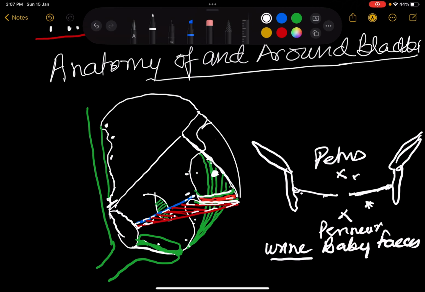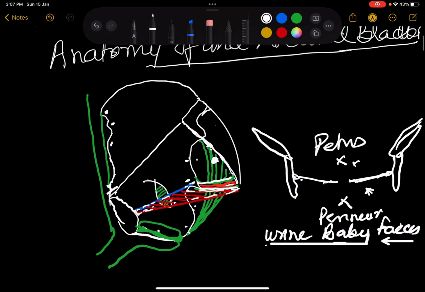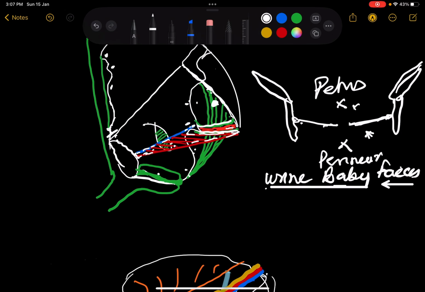So the urogenital triangle directed forwards passes the urethra and the vagina, and the ischiorectal anal triangle gives passage to the anal canal.